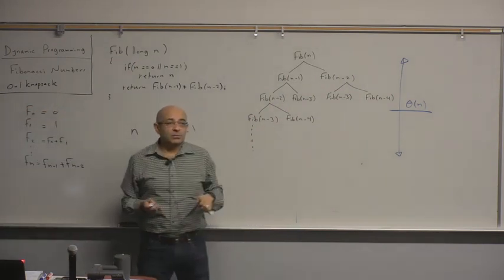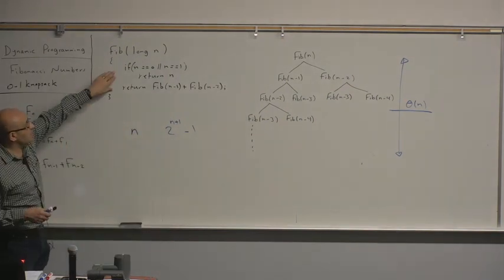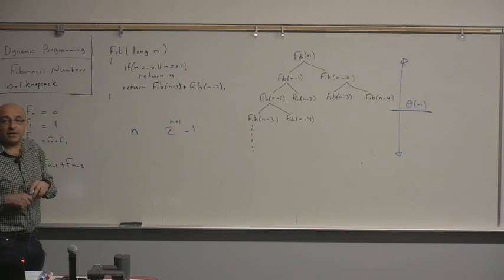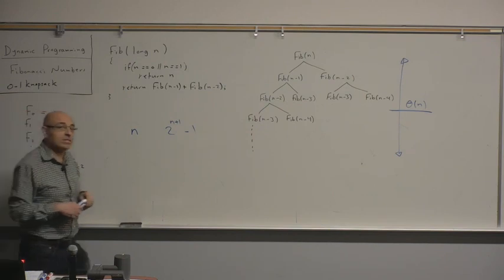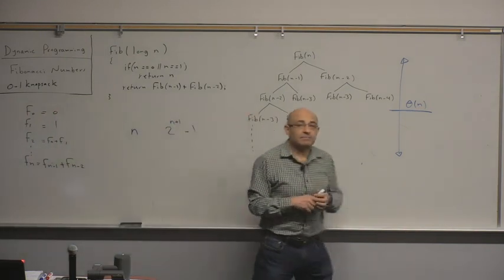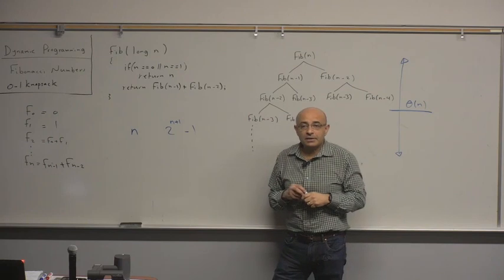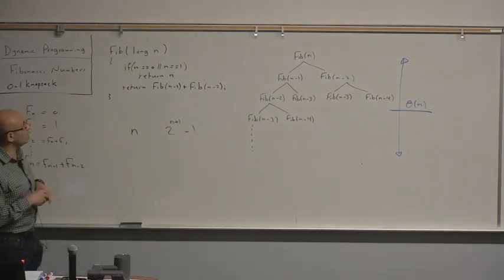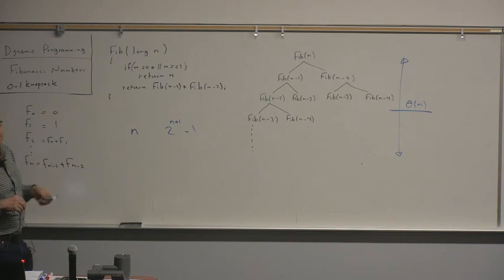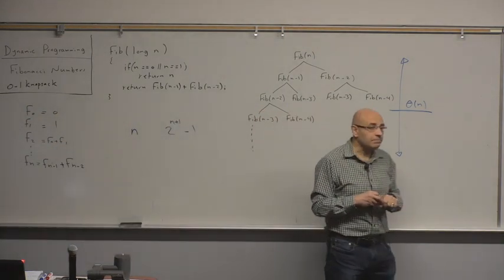If you write this function that looks very innocent, and you give it sufficiently large values of n, and based on the calculations that we did earlier this semester, you should know what is large and what is small for an exponential. So if you do 50, for example, that's large. 50 is not going to finish. It's going to take forever.